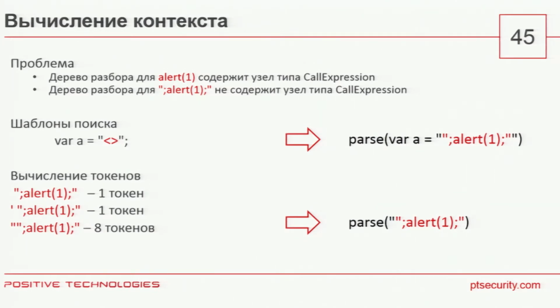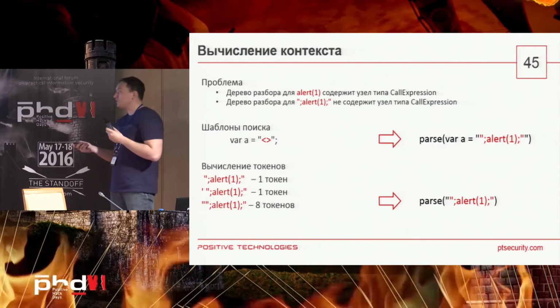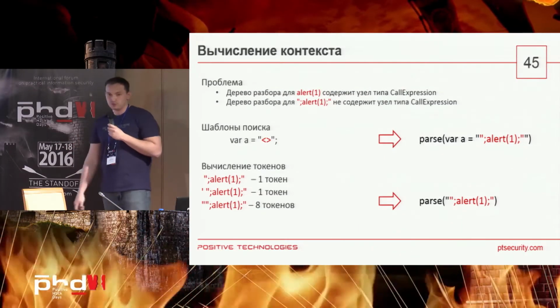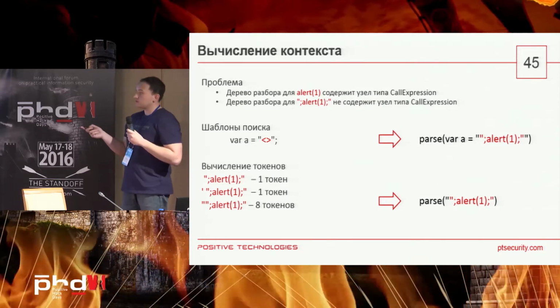If we had a string, or the other one, we're going to get a banned node, call expression. If we had the first option, alert(1), they will get in the same context, it will be just a line. The second option is when we're trying to compute the context. How can it be done? We can count the number of tokens.